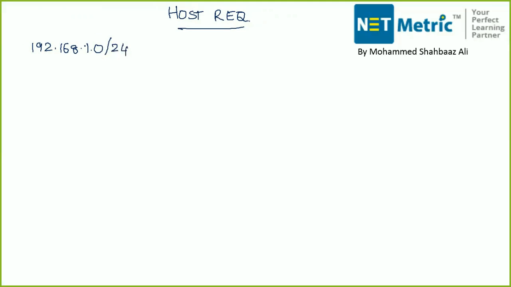Now I have a requirement that I don't want 254 IPs, but I want 30 IP addresses. This network at this moment with subnet mask /24 provides 254 valid IPs, but I don't require 254 valid IPs.